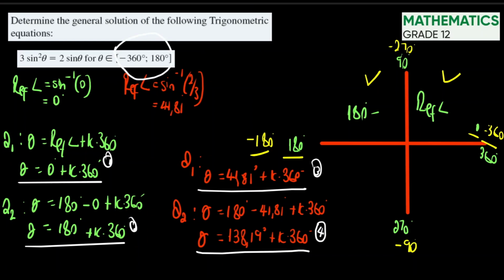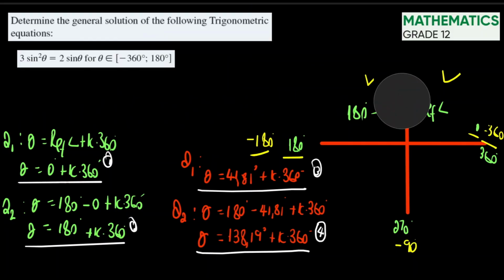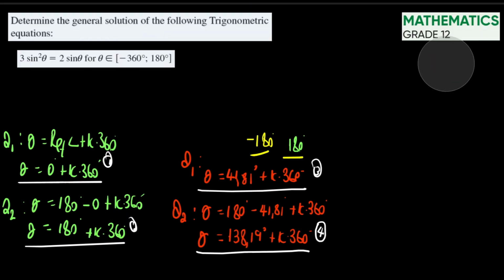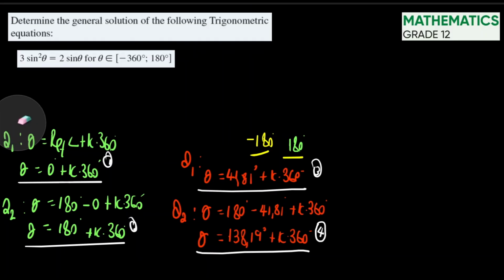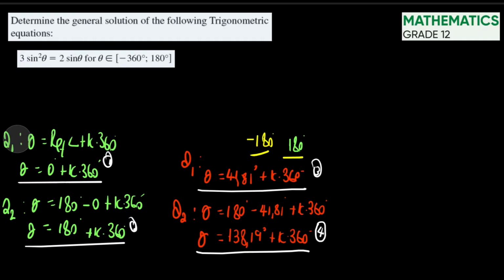The interval that was given was negative 360 to 180. So how we need to do this is to just construct a table. I'll erase everything we don't need to make space for this table, because this table is very, very important.